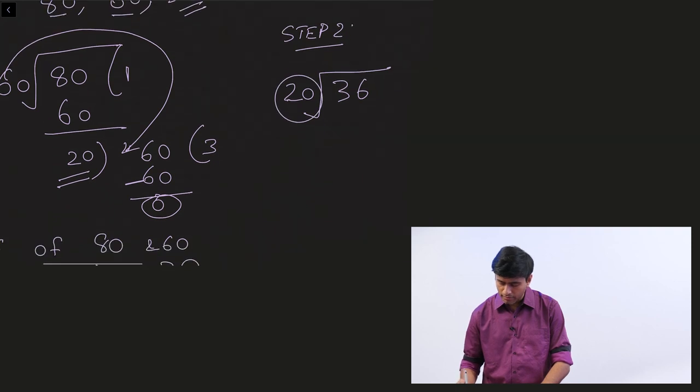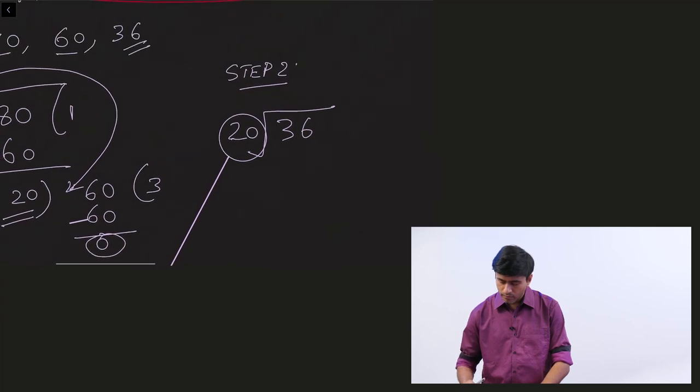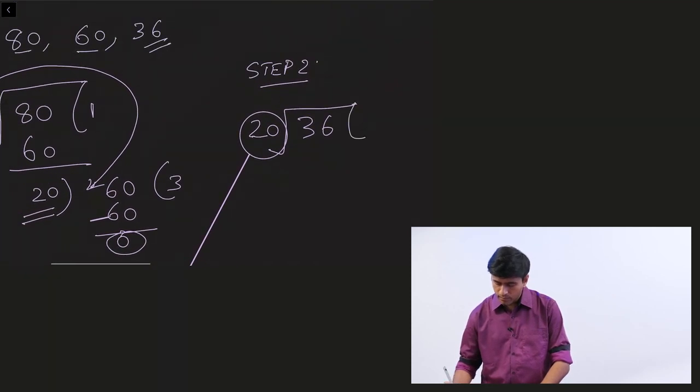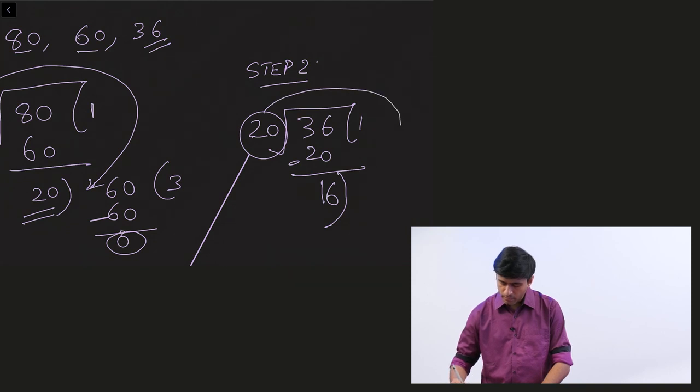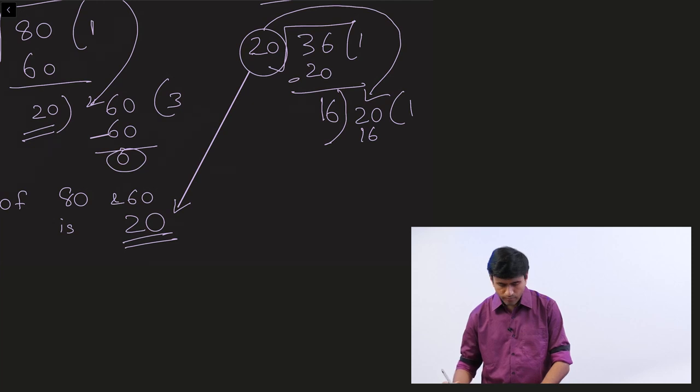This is the HCF that we found earlier. 1 times 20 is 20, minus, 16. The remainder becomes the divisor, and the divisor becomes the dividend. 20 comes here. 1 times 16 is 16, minus, 4.